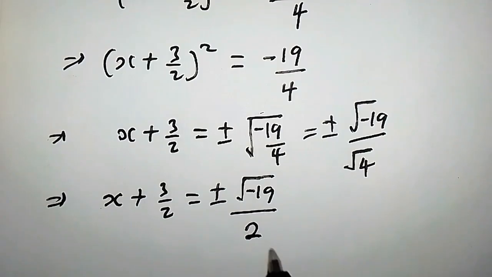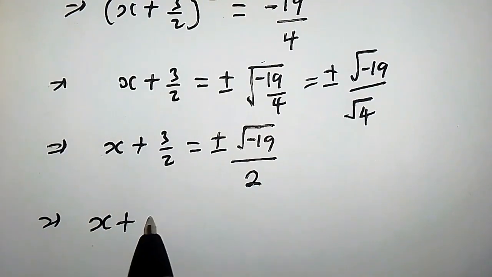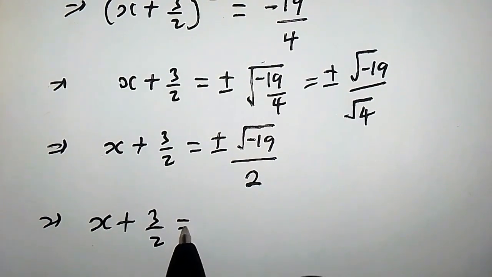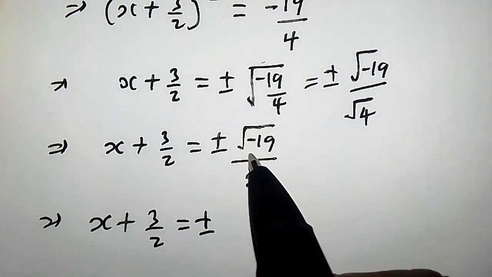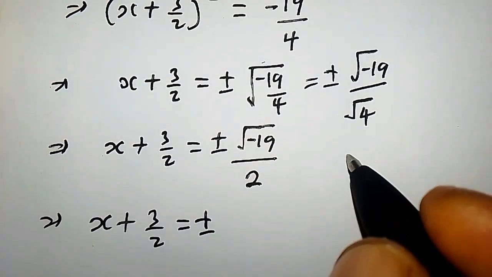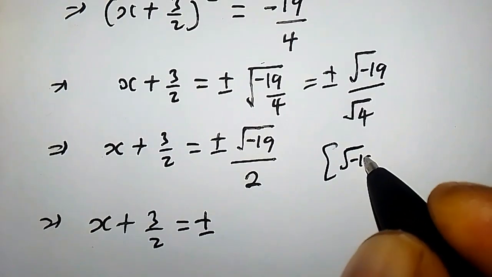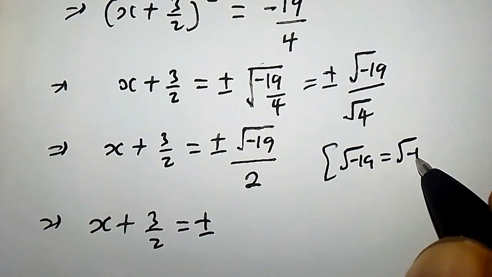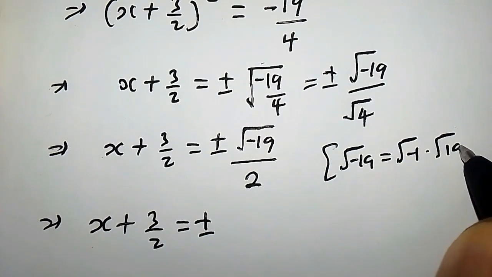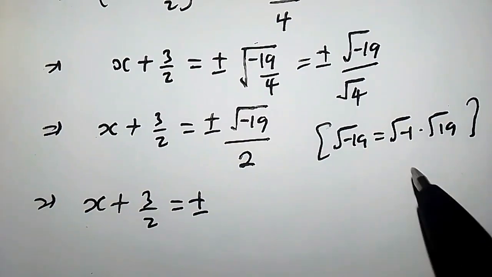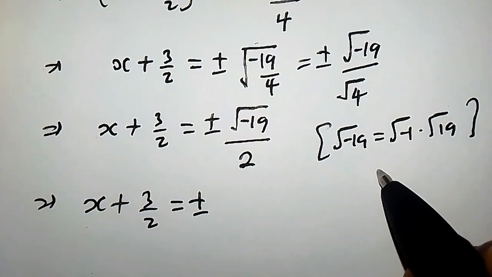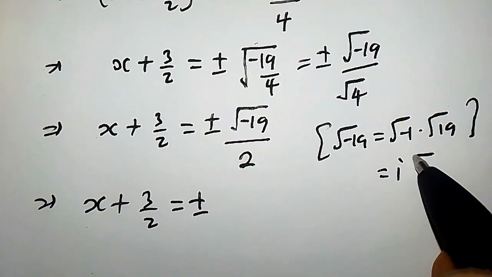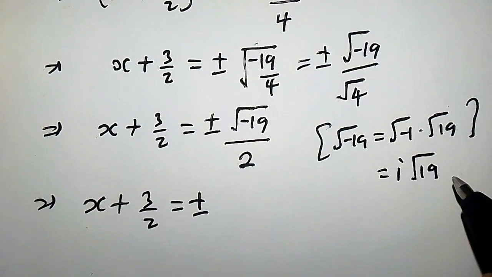That is simply 2. x plus 3 over 2 is equal to plus or minus. Also, I can rewrite square root of minus 19 as square root of negative 1 times square root of 19. But we know that square root of negative 1 is i from the complex numbers. So we have i times square root of 19.